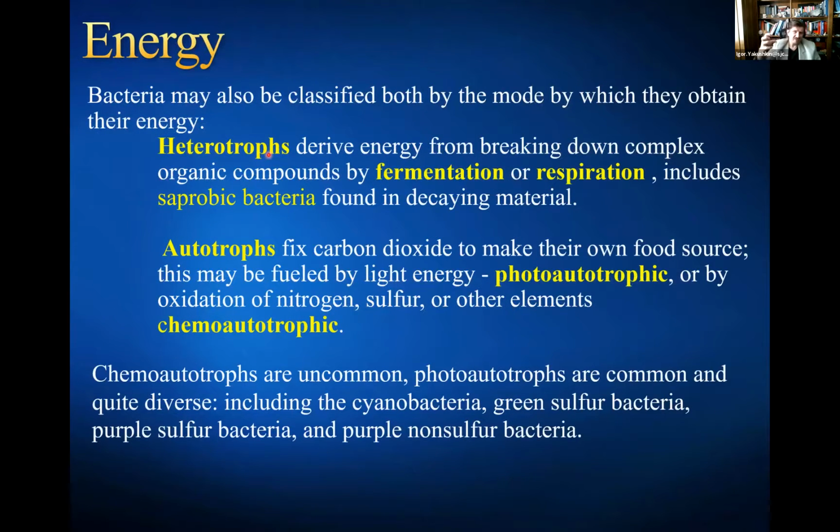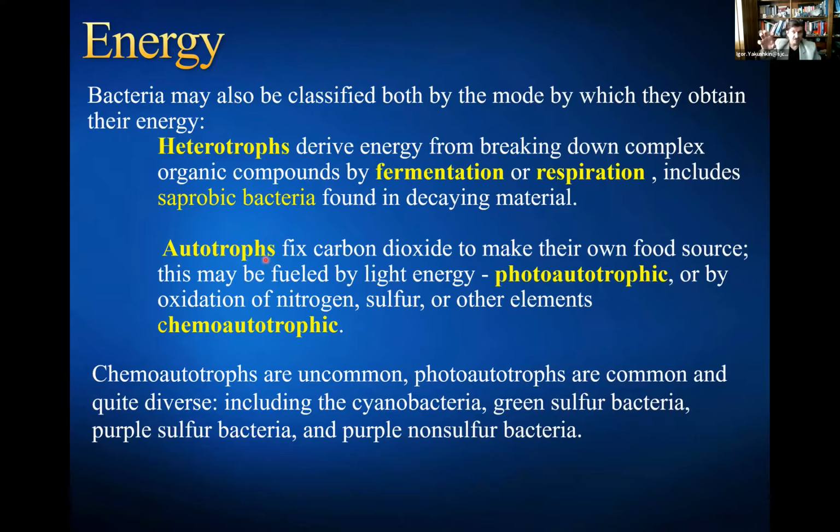Heterotrophs have to take organic compounds by breaking them down. They will release the energy. Cellular respiration is one of those ways to do it, and then, of course, there is fermentation. Cellular respiration is much more efficient. And of course, we humans, animals, are heterotrophs.